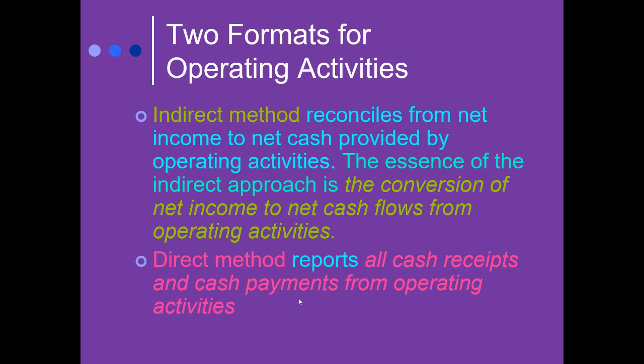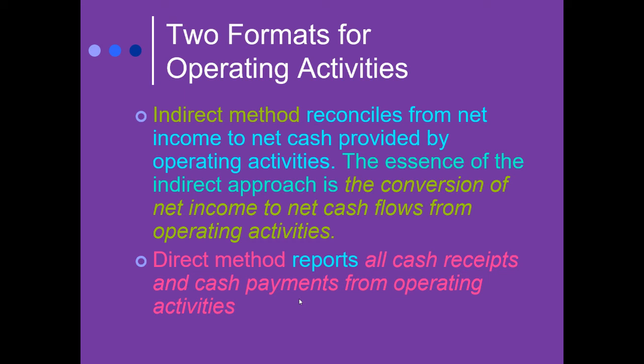Okay, so the essence of the indirect approach is actually the conversion of net income to net cash flow from operating activities. So here you are trying to change from the accrual method in reporting to the cash method in reporting the operating activities. Whereas for the direct method, it reports all cash receipts and cash payments from operating activities.